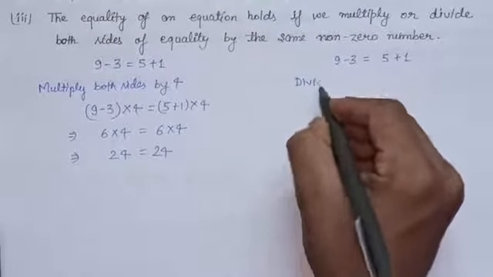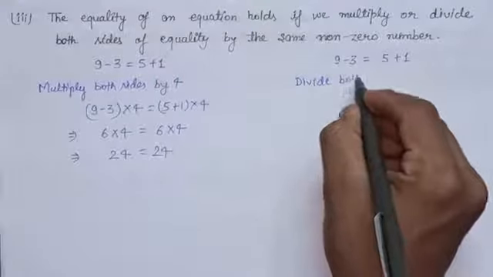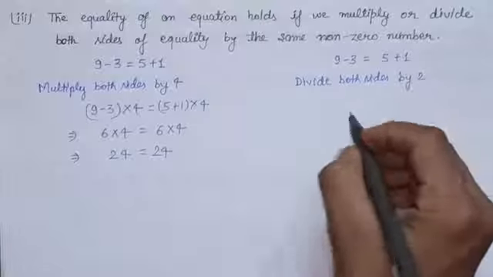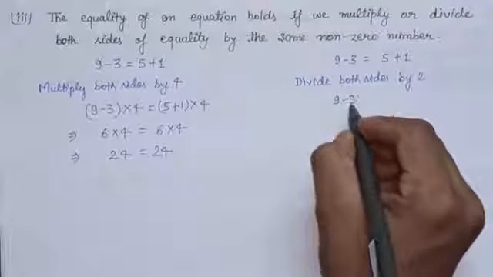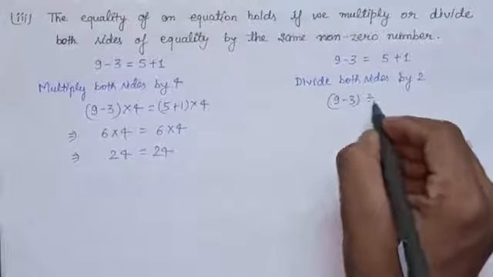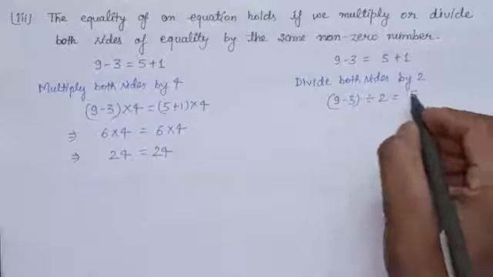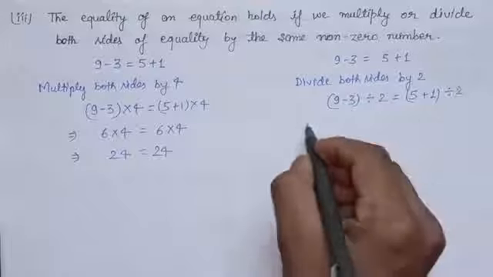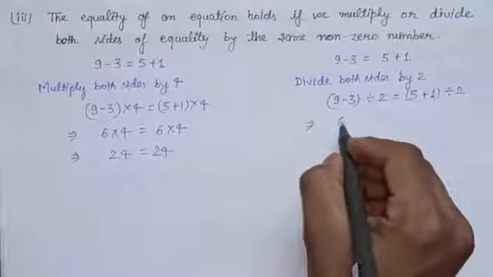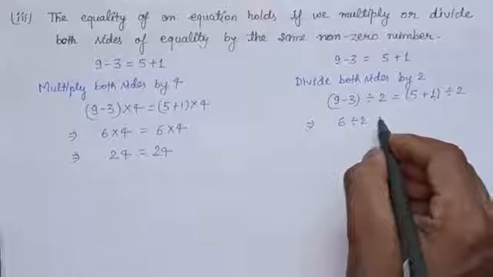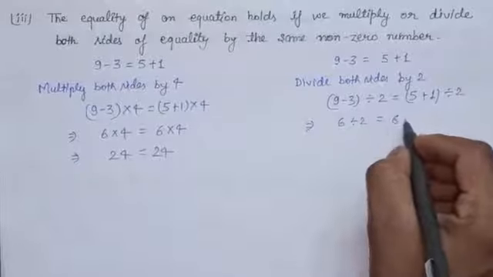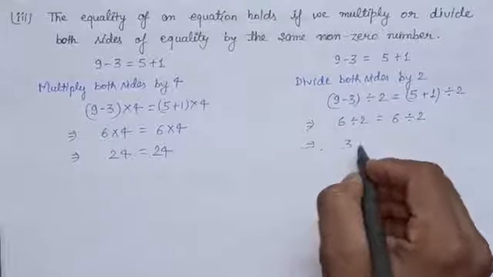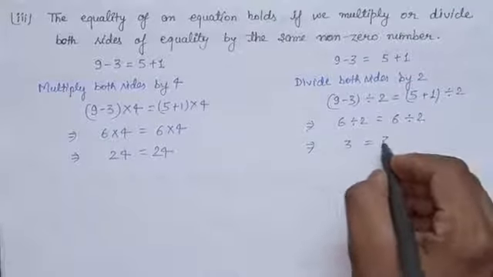Then we can write (9 minus 3) divided by 2 equals (5 plus 1) divided by 2. Now 9 minus 3 is 6, so 6 divided by 2 equals 6 divided by 2. You know that 6 divided by 2 is 3, and 6 divided by 2 is again 3.